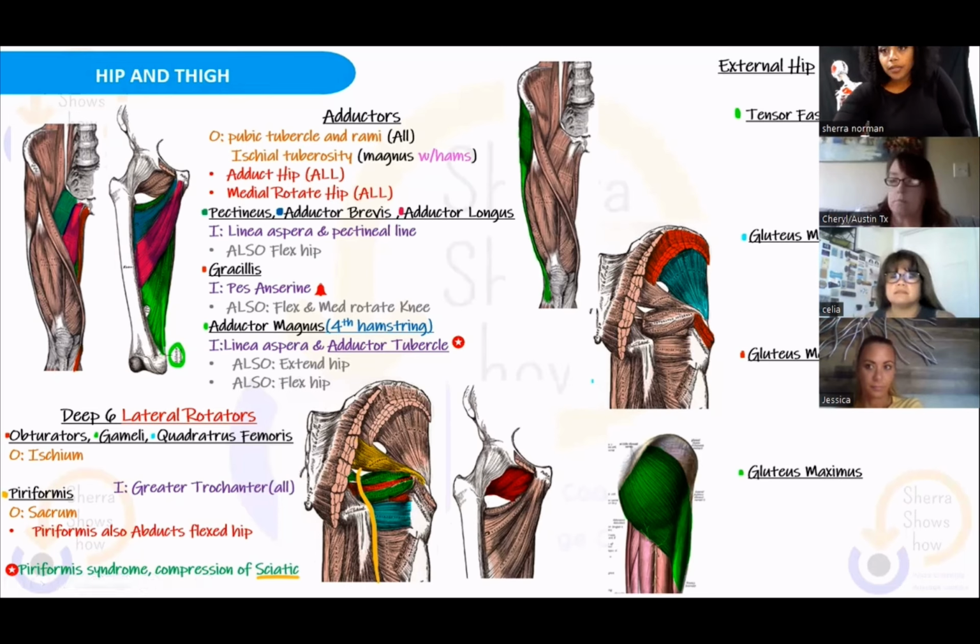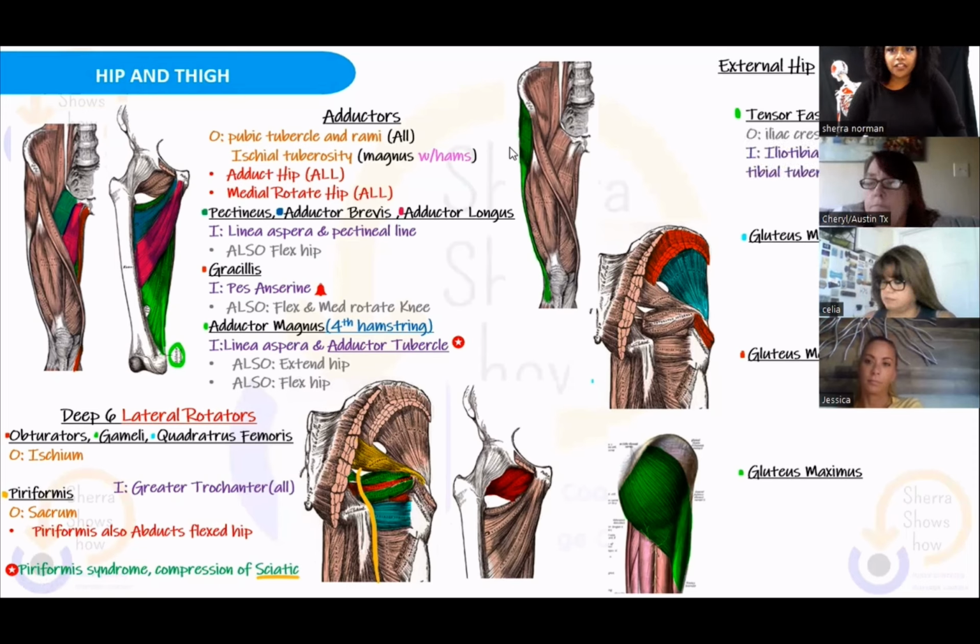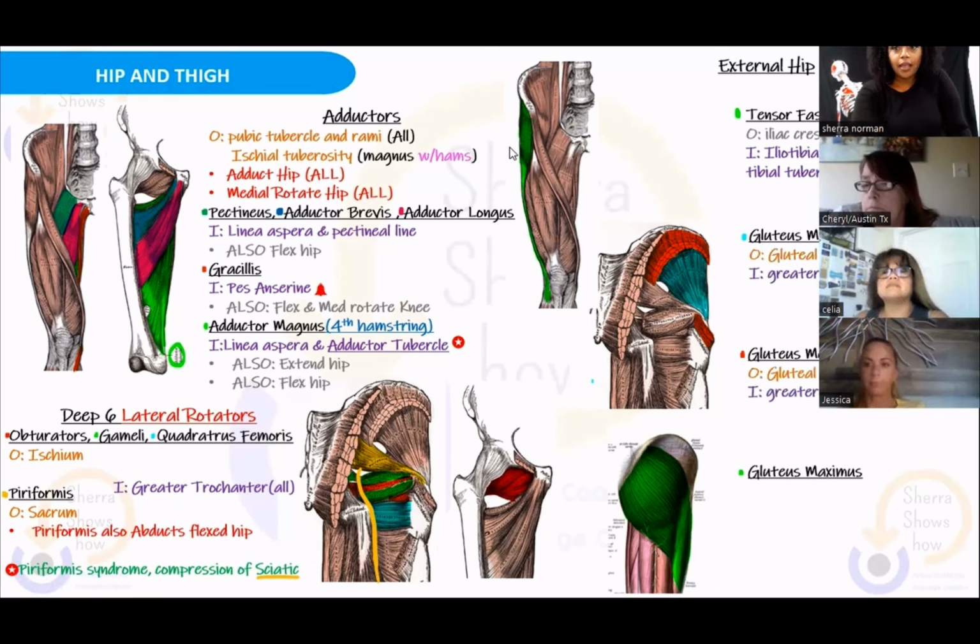And in my world, in my class, tensor fasciae lata is a part of the glutes, as it should be, okay? Tensor fasciae lata and gluteus minimus are complete synergists. They do the exact same thing. They're kind of in the same place. Gluteus medius and then gluteus maximus. So tensor fasciae lata originates on the iliac crest, posterior to the ASIS. It inserts on the iliotibial tract, okay?